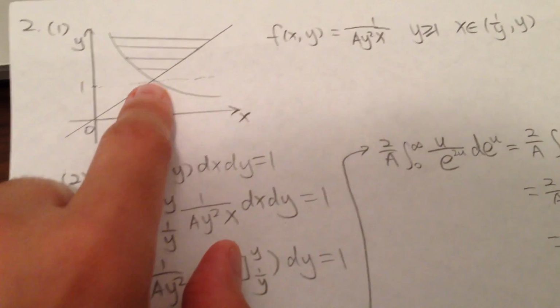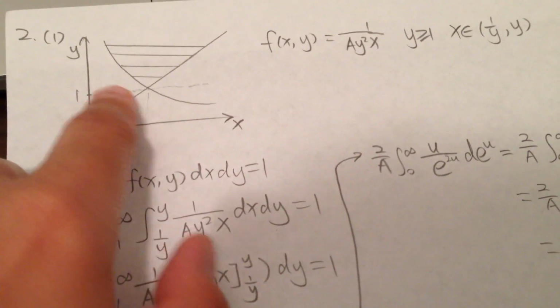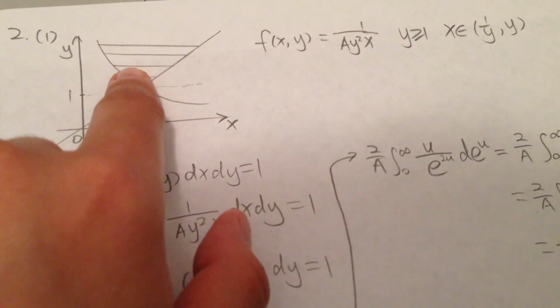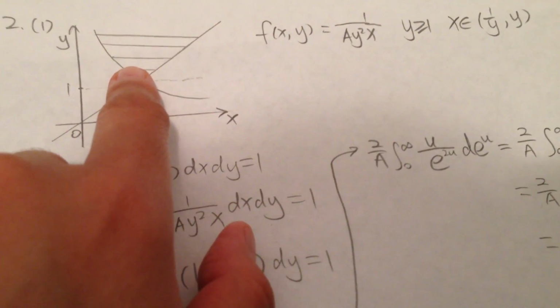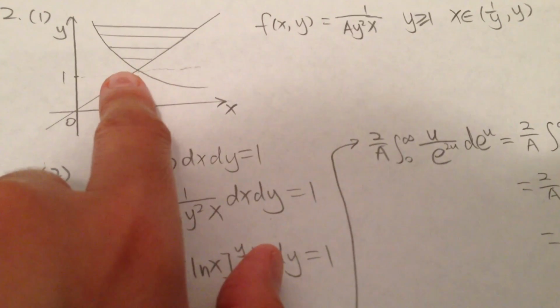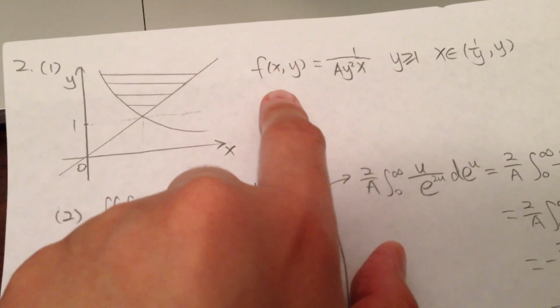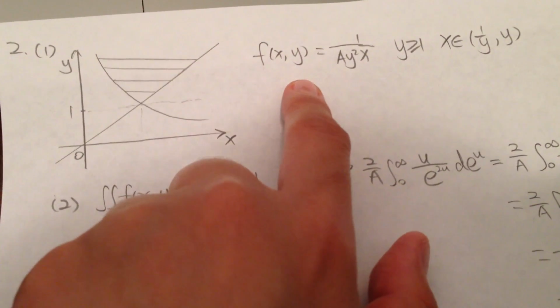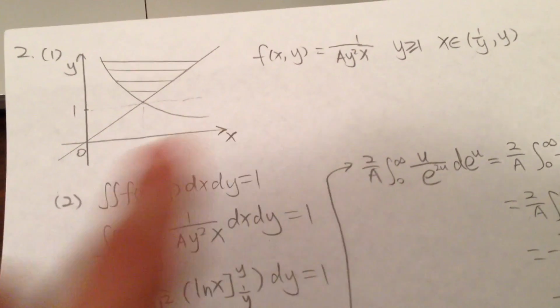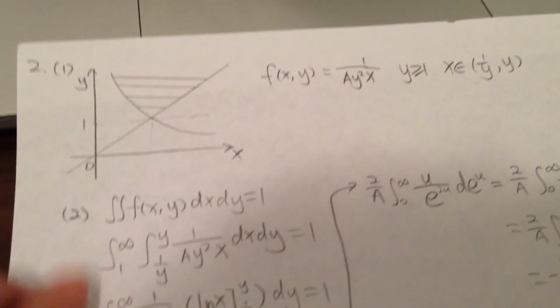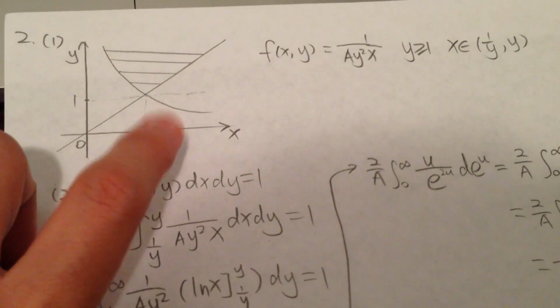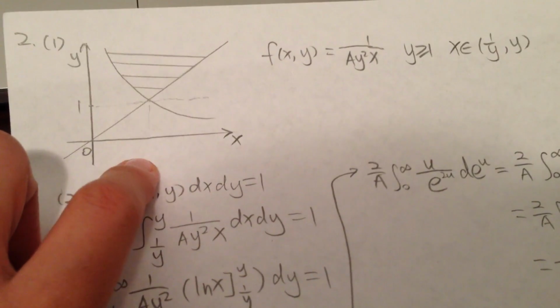The intersection of those three lines is the definition region of f(x,y). So with this picture, we can get the answer of question 1.